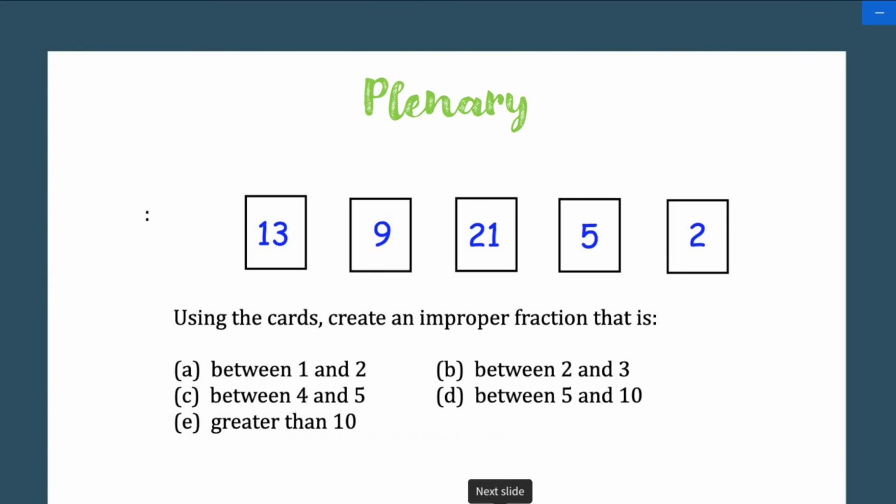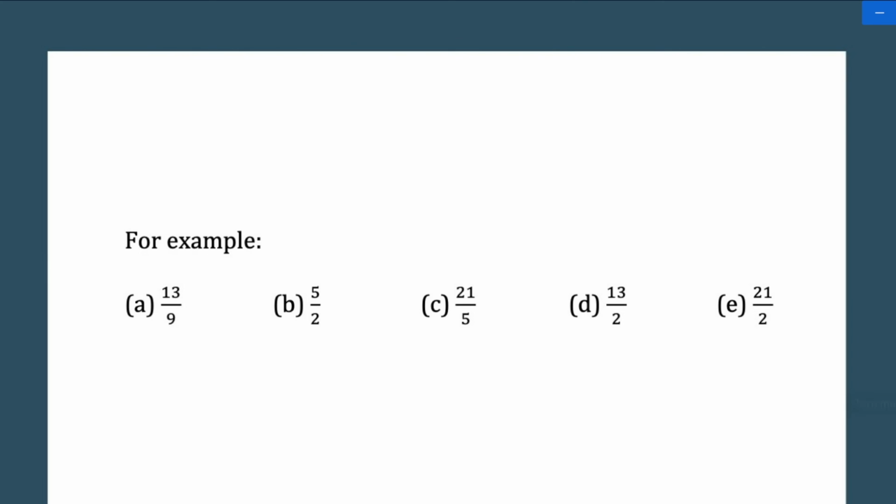And the answers are as follows. Here you go. I hope you found some of them. It was a nice and easy activity.